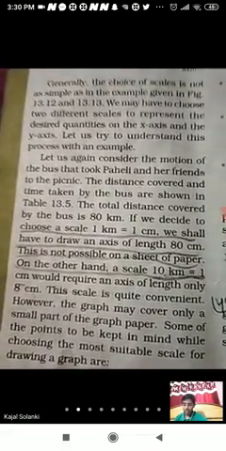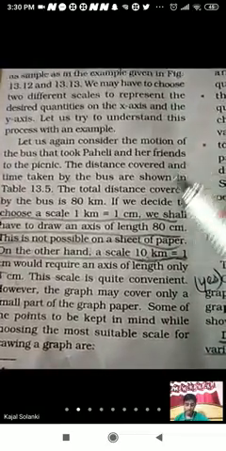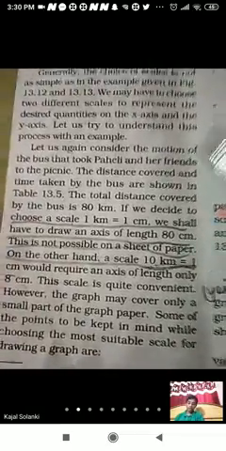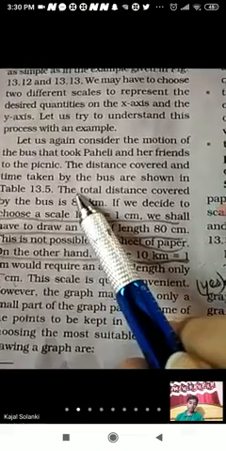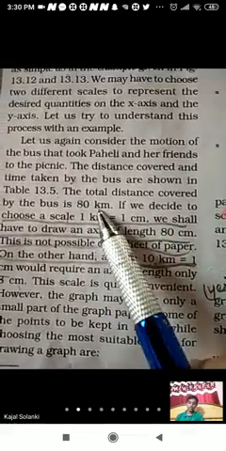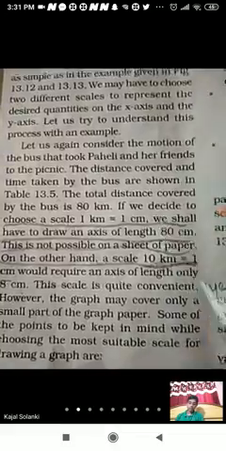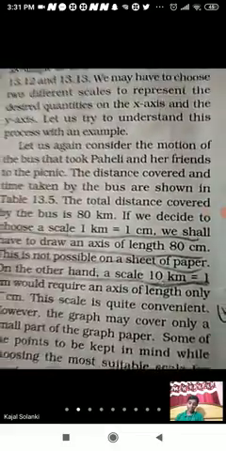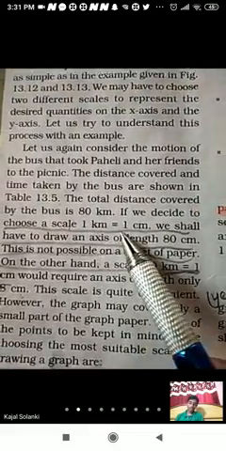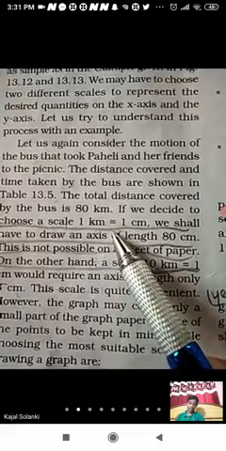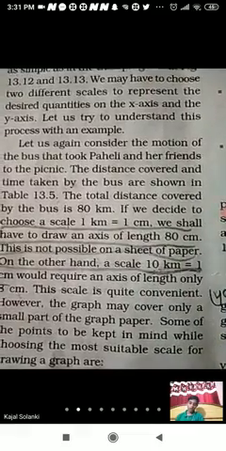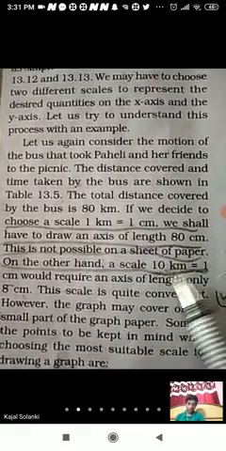The distance covered and time taken by the bus are shown in table 13.5. The total distance covered by the bus is 80 km. If we decide to choose a scale 1 kilometer equals 1 centimeter, we shall have to draw an axis of length 80 centimeter. This is not possible on a sheet of paper. On the other hand, 1 minute.